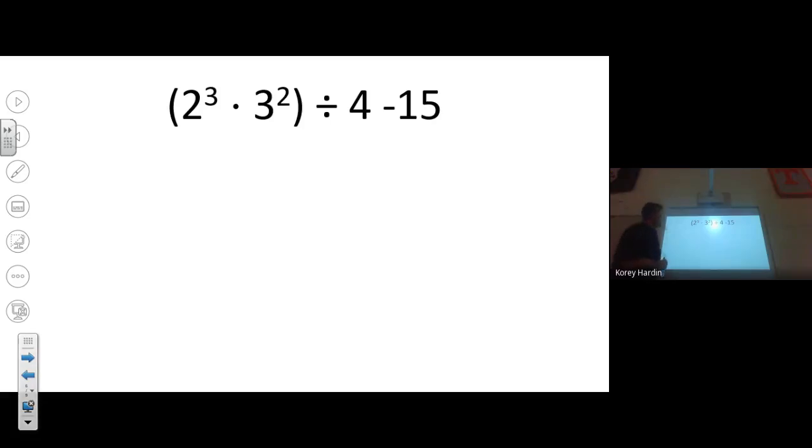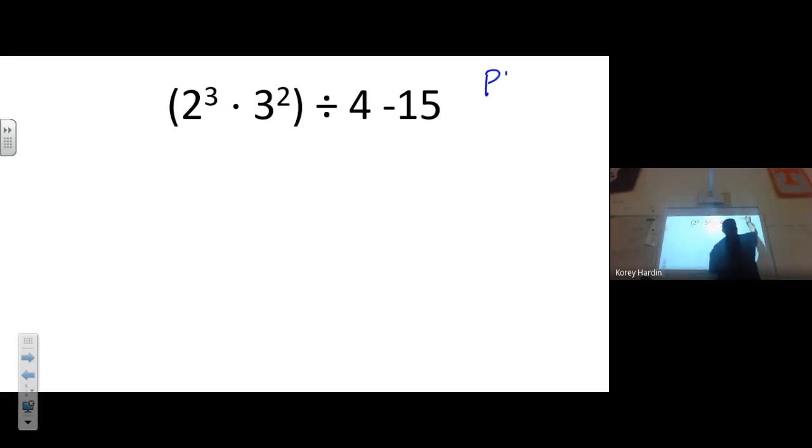Next one. Now, I'm going to let you do this one. However, I want to walk you through the first part of it. Because if I have PEMDAS, my first step is in parentheses.